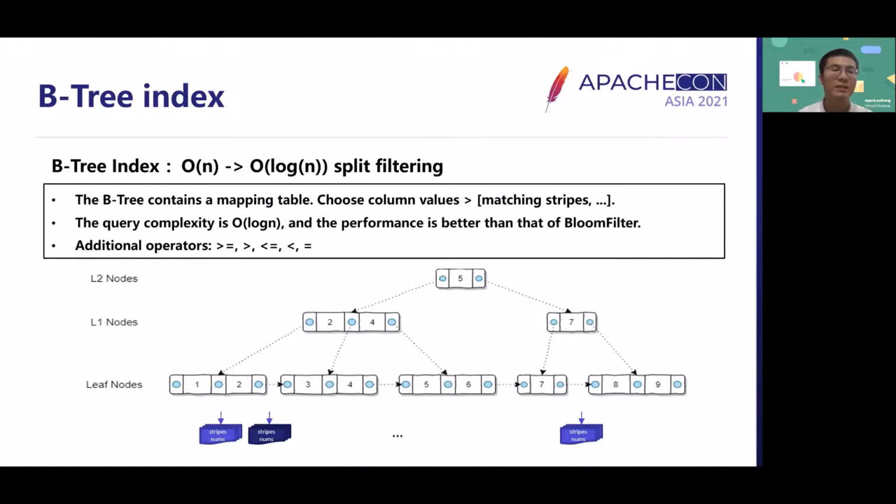Another advantage of the B-tree is that it supports additional operators such as greater than, less than, and others, while the Bloom filter can only support the equal condition.